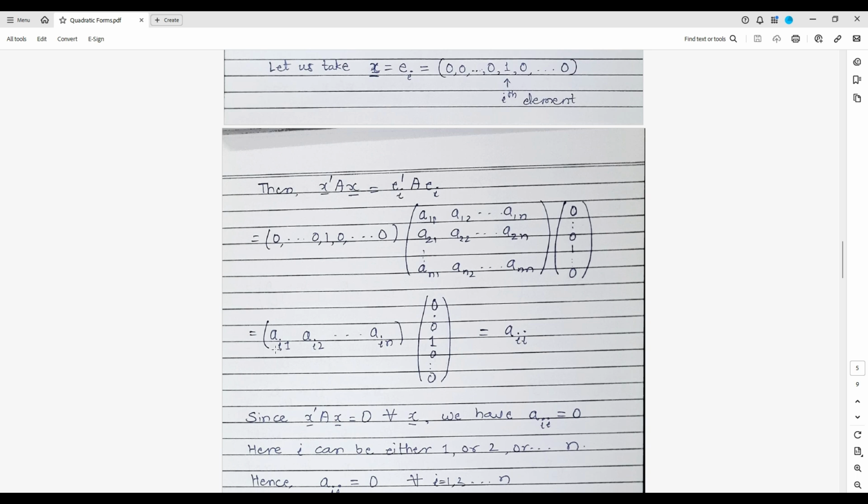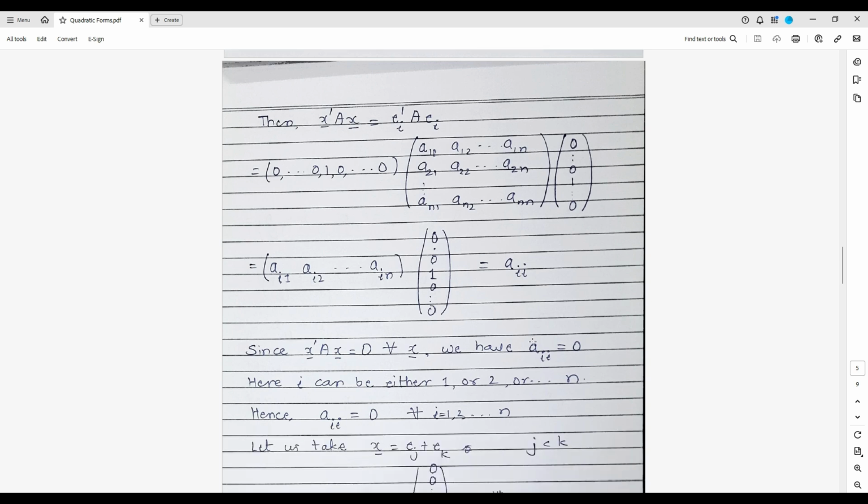So I have got ai1, ai2 up to ain. Now I'll multiply this by the vector ei itself. So 0, 0, 1 will be there only in the ith position, the rest of the elements are 0. So only the ith element in this matrix will appear and the rest will become 0. So I'll get this equal to aii.